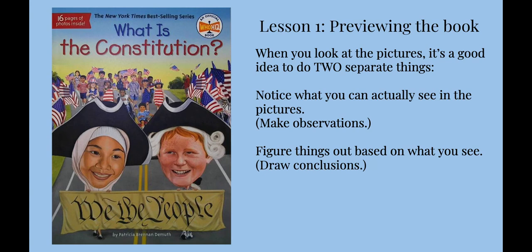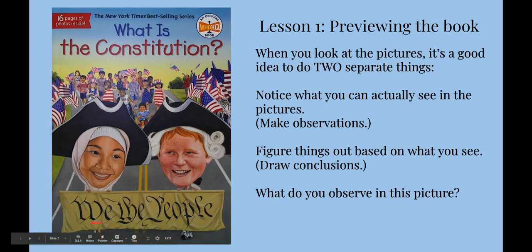Let's take a look at our cover and observe what's here. You can see it's got a title, What is the Constitution? It says 16 pages of photos inside. It's a New York Times best-selling series. We can read those words. Then we can see some people holding what looks like a banner. This guy's got sneakers on down here.